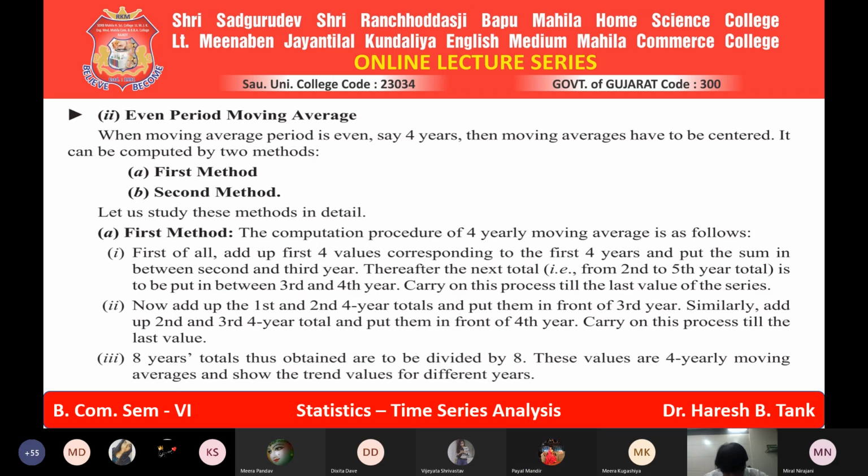Now, 3, 5, 7. All these odd numbers are done. What will happen when a 4 yearly moving average is to be calculated? Then there are two different methods to get it done. Though these are not exactly two different methods, in this case we have to do things differently.